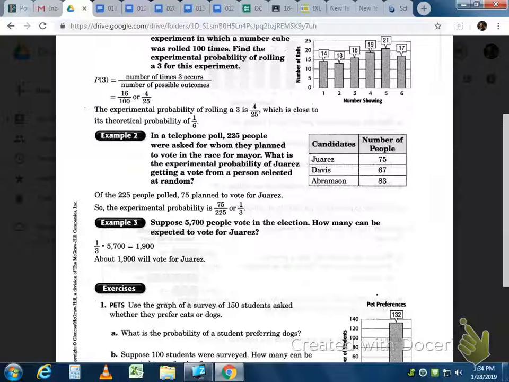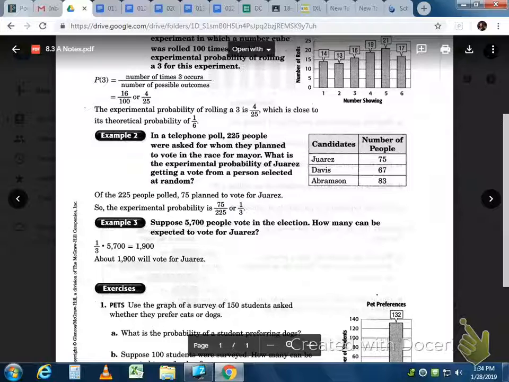So all of these people voted, and it said there was a total of 225. Juarez, if you look, how many people voted for him? 75. So the probability of somebody at random voting for him, 75 over 225, it reduces to 1/3.